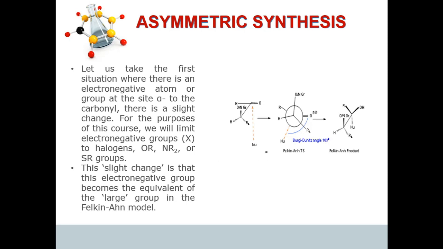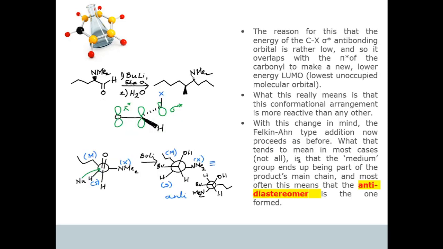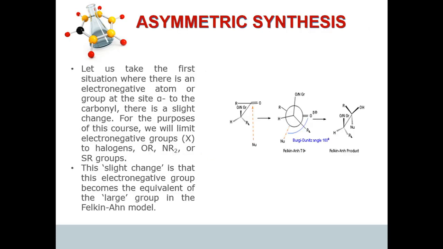This slight change is that the electronegative group now becomes the equivalent of the large group in the Felkin-Anh model. You can see here, the nucleophile prefers to attack from the side opposite to that of the electronegative group, resulting in the Felkin-Anh product.